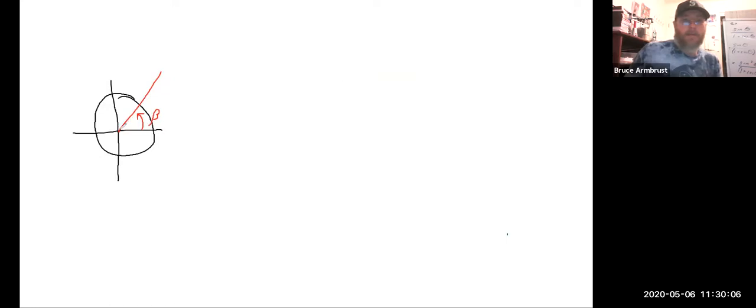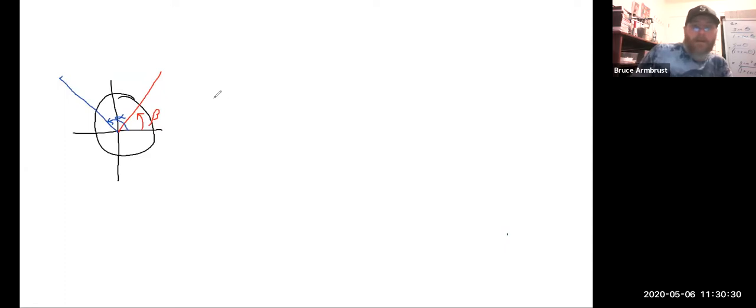So let's put alpha somewhere over here. So this is alpha. The fact that they're in the first and second quadrants is kind of irrelevant. I just wanted these two.